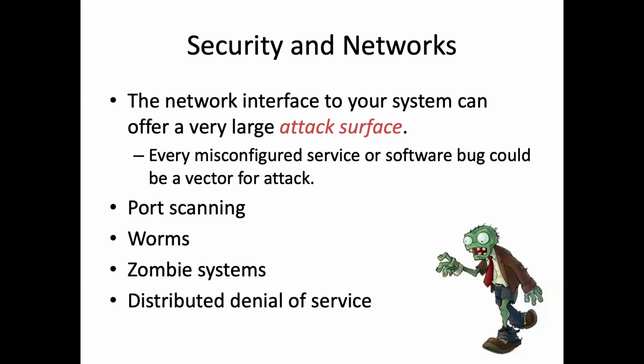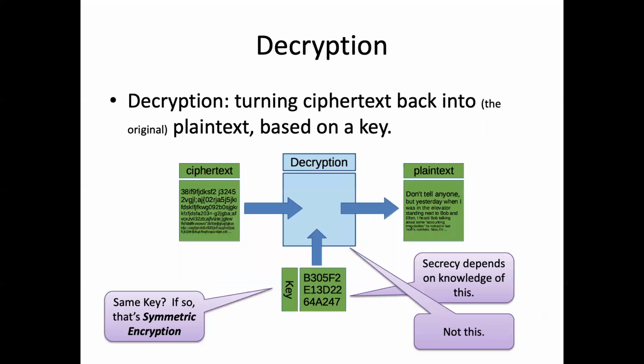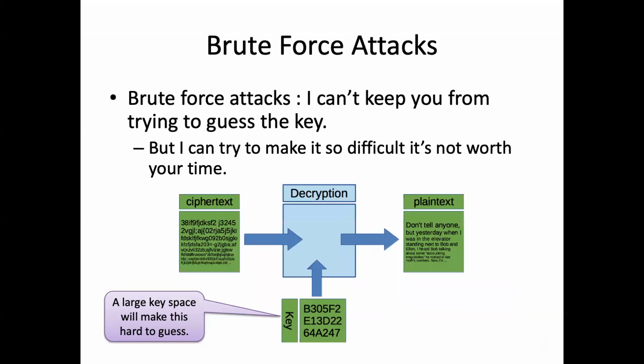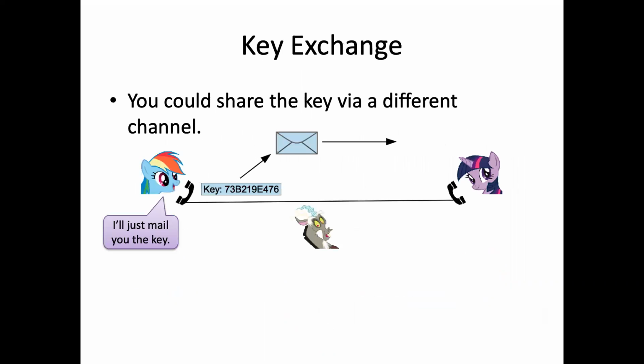We hit a point now where we can skip ahead a few slides, because if you go watch the lecture I recorded yesterday, we already talked about symmetric encryption and decryption. We talked about different things you can do with symmetric encryption and decryption, with illustrations based on the My Little Pony cartoon.